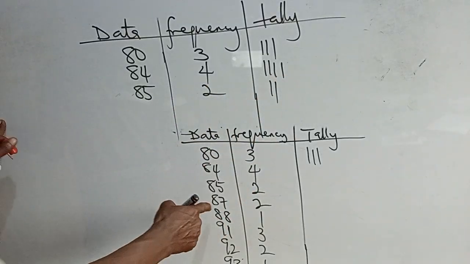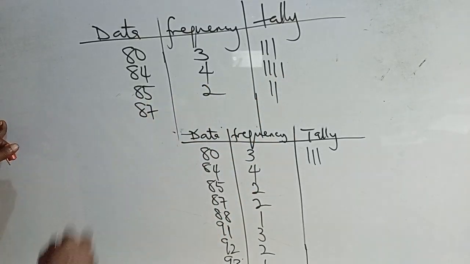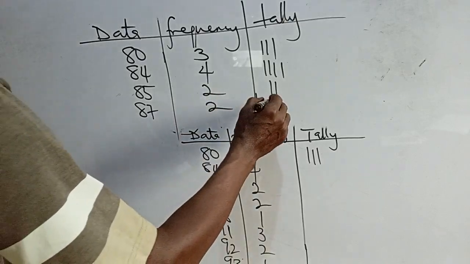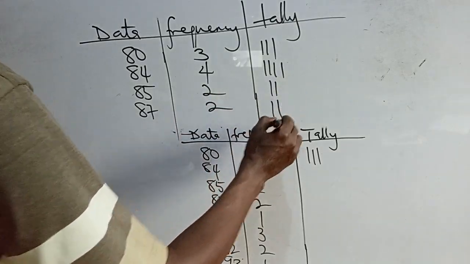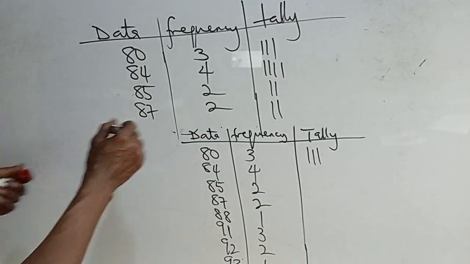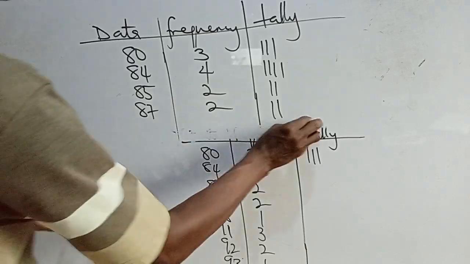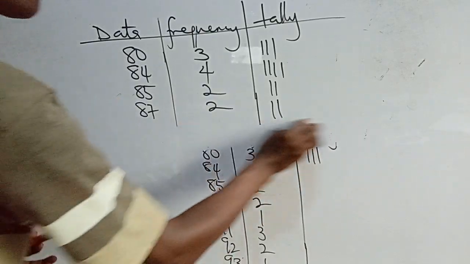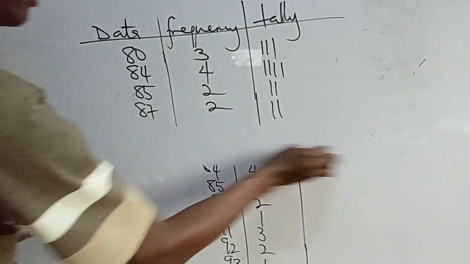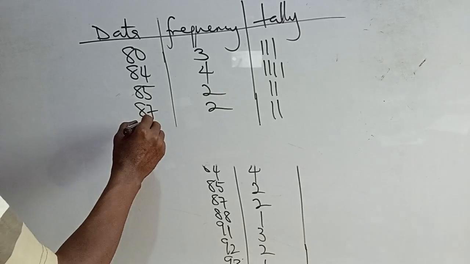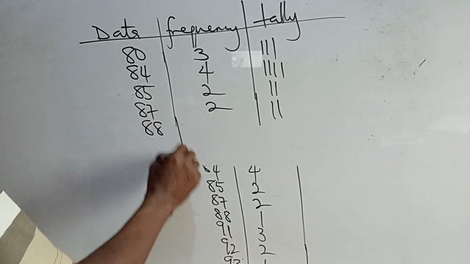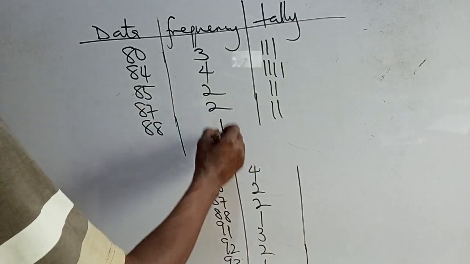That's the way to do tally. 87, we have 2 as well: 1, 2. Now we go to 88. 88 is what? 1. So this is 1 tally.